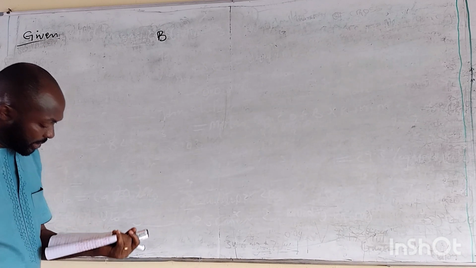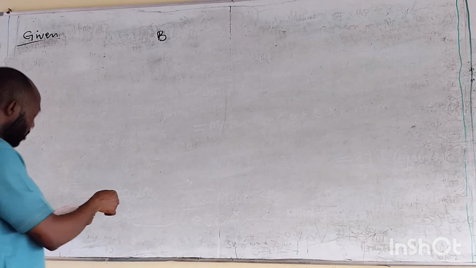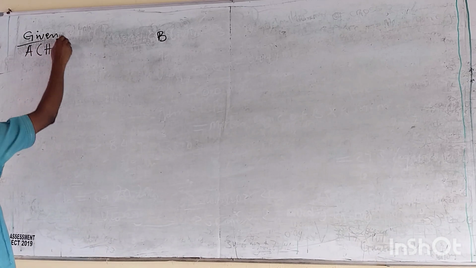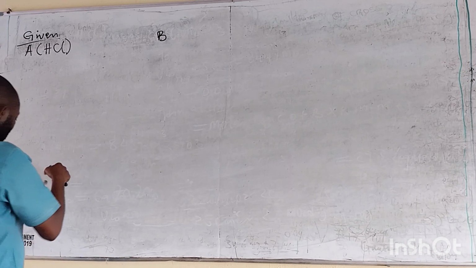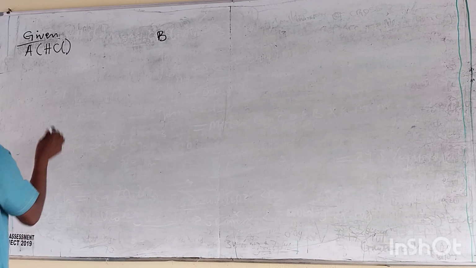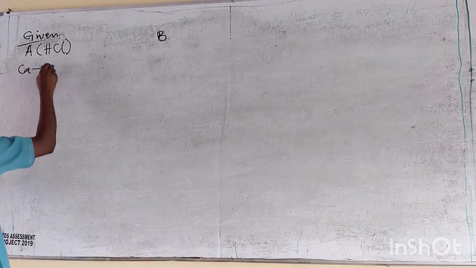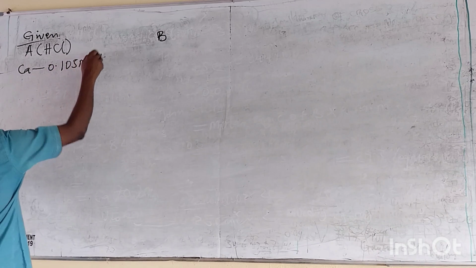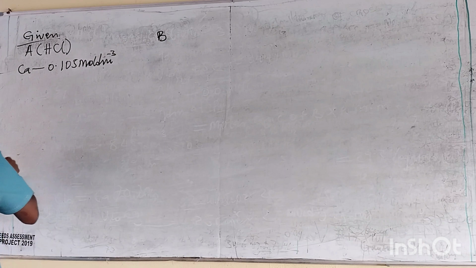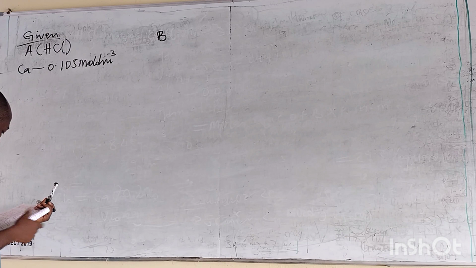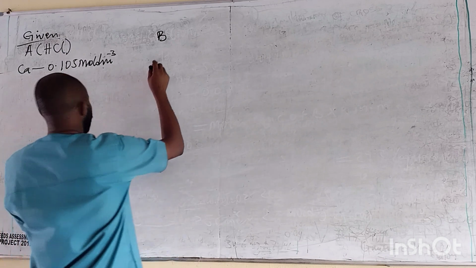It said A is 0.105 mole of HCl. The concentration of the acid is 0.105 mole per dm cube. B contains 6 grams of baking powder, NaHCO3, per 100 cm cube of solution.